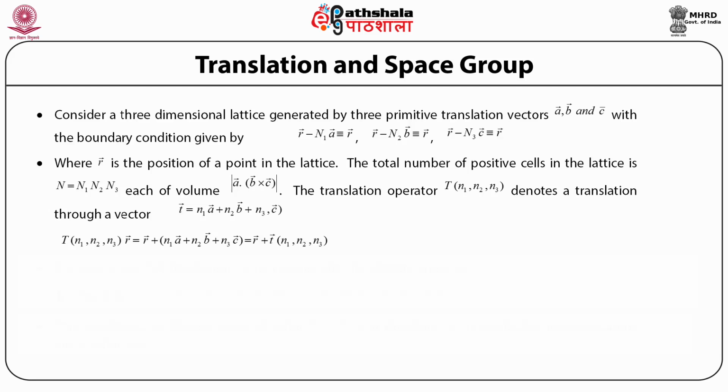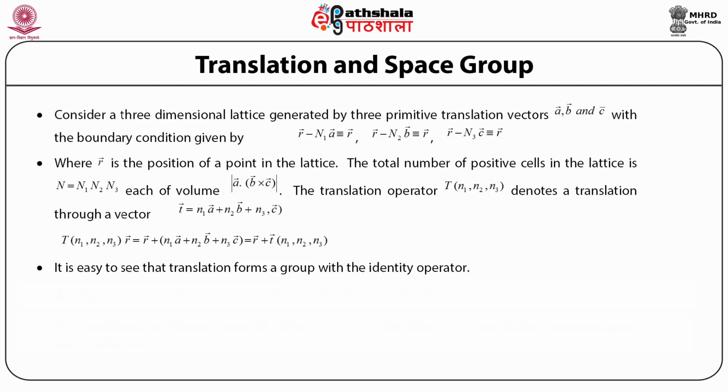Thus, the translation operator T acting on the vector R translates R to R plus the vector n1 a plus n2 b plus n3 c, which can be written as R plus the translation vector T, which is a function of n1, n2, n3. That is, the translation operator T acting on R takes it to a vector which is R plus the translation vector T. It is easy to see that translations form a group.